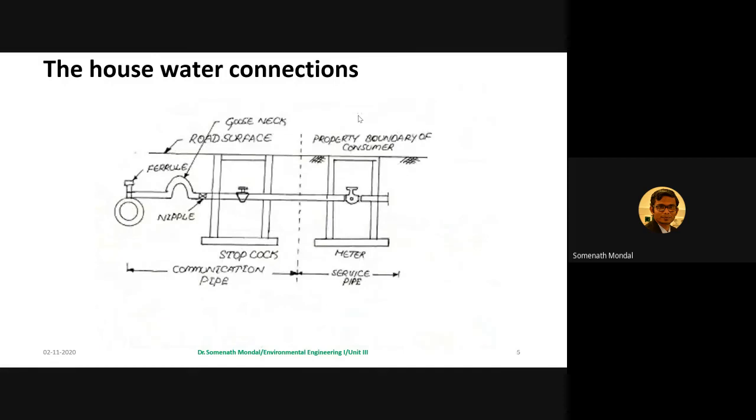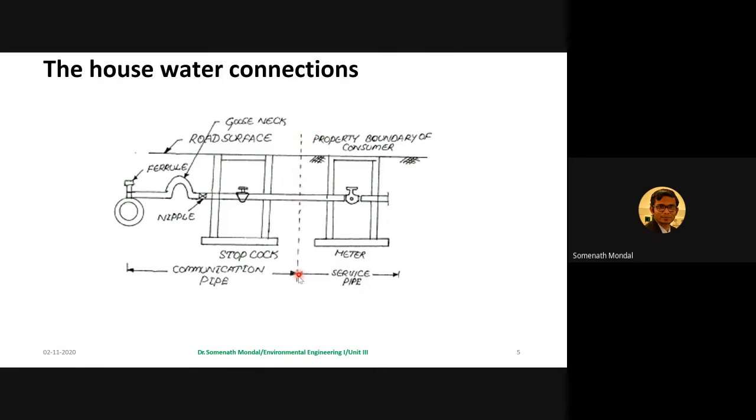Next, we are going to talk about the different types of connections. You will be able to see the different components I was talking about. Gooseneck is there, ferrule is there, and you can imagine we have the road surface, stopcocks, and this portion is the boundary wall.